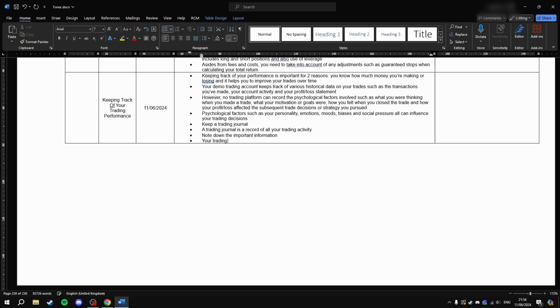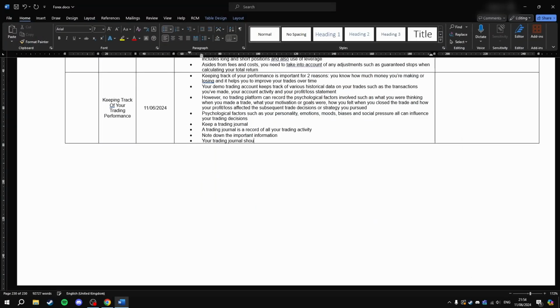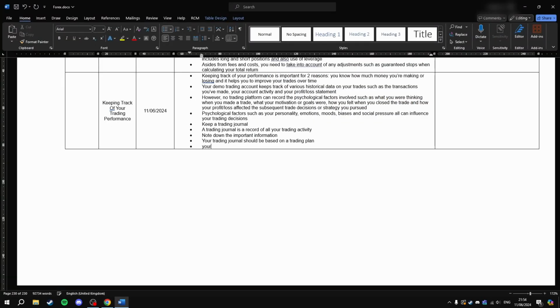So your trading journal should be based on the trading plan. Your trading plan should detail what you set out to achieve and how you plan to do so.